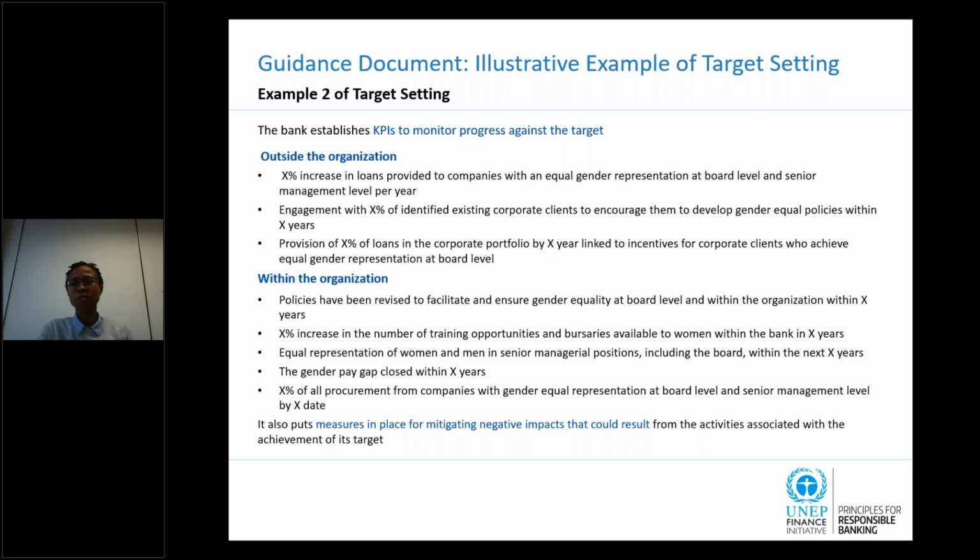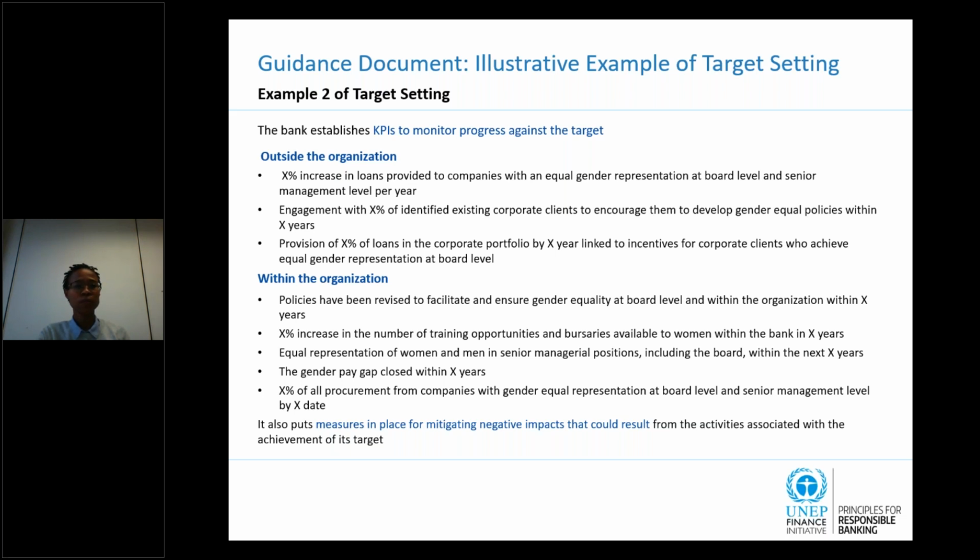Engagement with X percentage of identified existing corporate clients to encourage them to develop gender equality policies within X amount of years. Provision of X percentage of loans in the corporate portfolio by year X, linked to incentives for corporate clients who achieve equal gender representation at board level.